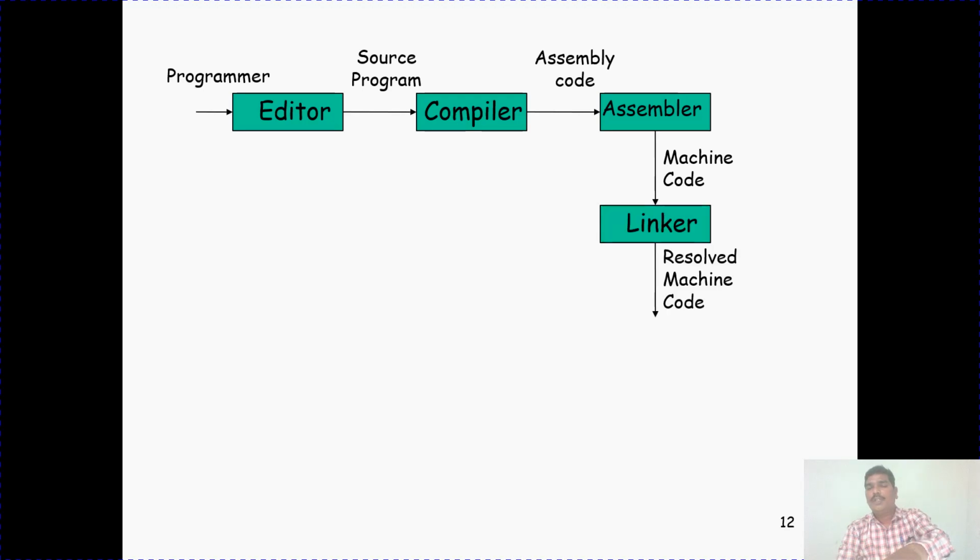What is machine language? It is a low level language, called binary language. So the compiler generates assembly language as output, and the assembler converts the assembly language into machine language, called binary language.